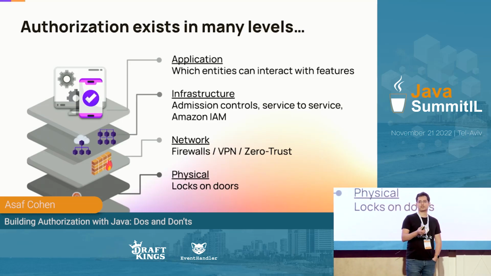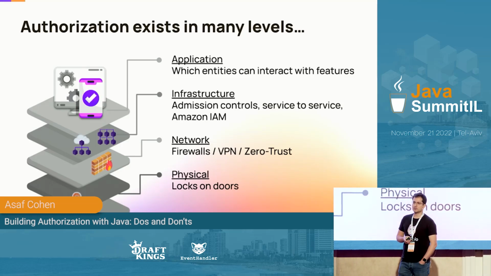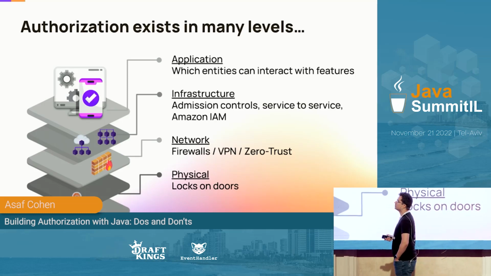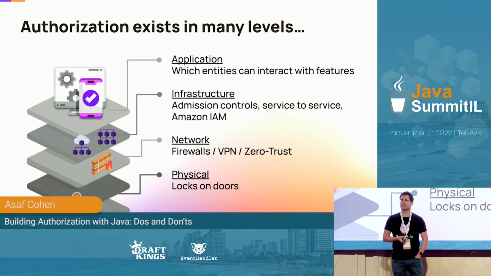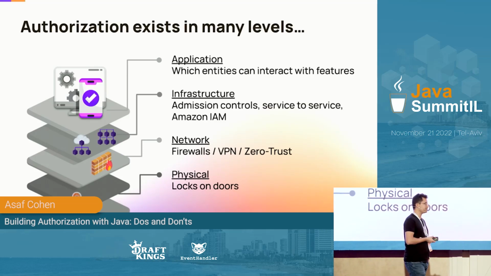Then there's the infrastructure level. Show of hands, anybody here working with Kubernetes? Does anybody know what admission controls are? Typically, if you work in a system like Kubernetes, you can inject a lot of code into the system with just a git commit, if you're working with infrastructure as code.